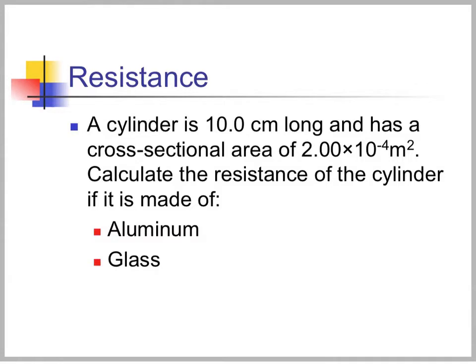So let's look at some values of resistance. Let's say I have a cylinder 10 centimeters long and a cross-sectional area of 2 times 10 to the minus 4 square meters. What is the resistance of the cylinder if it was made out of aluminum or made out of glass?